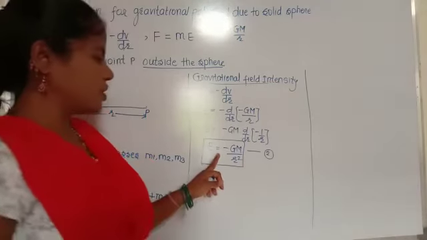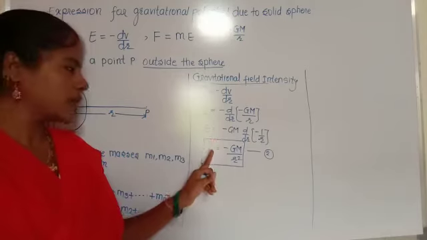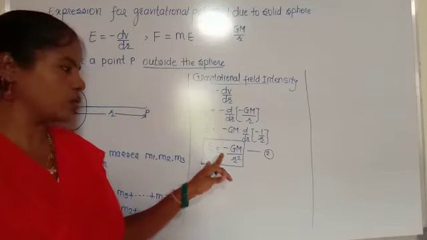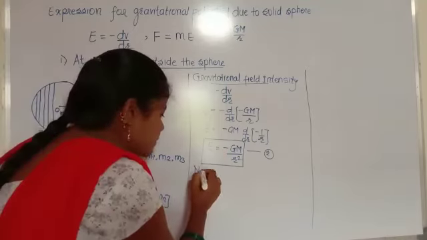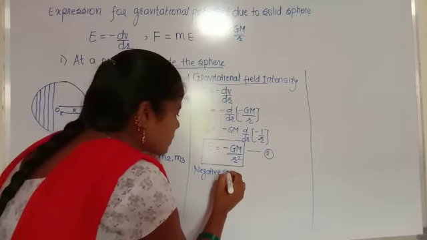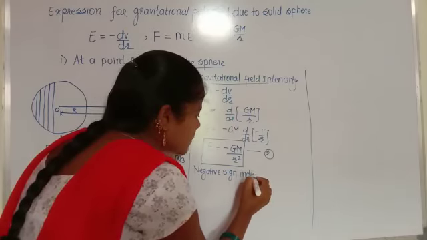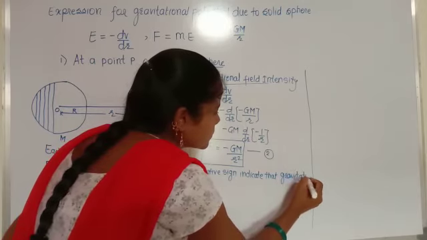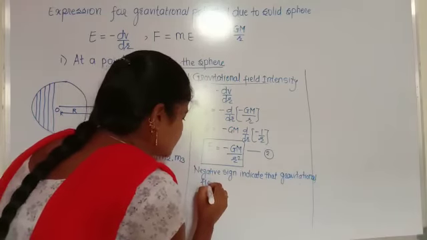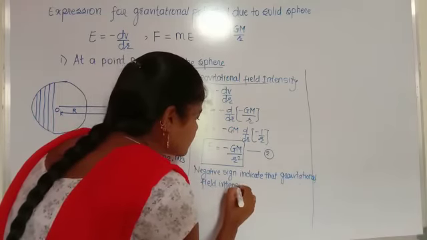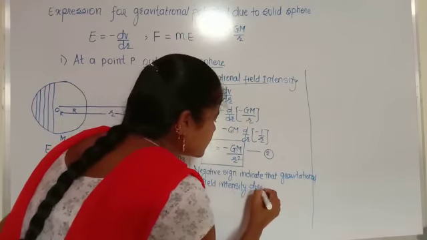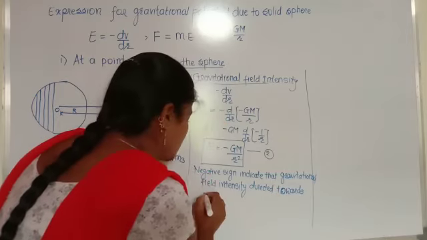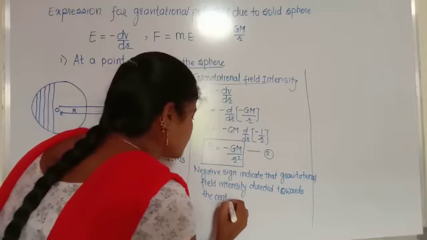From this equation we conclude that this negative sign indicates that the gravitational field intensity is directed towards the center O. This negative sign indicates that the gravitational field intensity is directed towards the center O of the sphere.